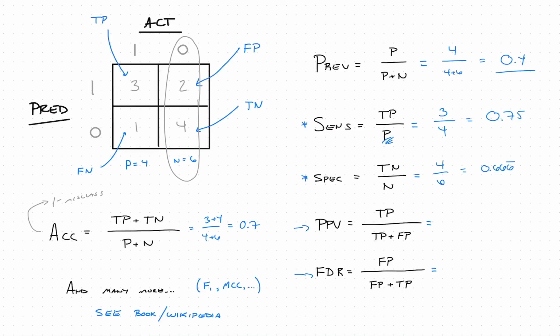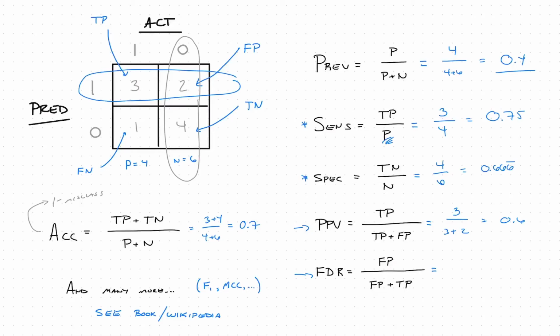So I think there's 3 true positives divided by 3 true positives plus 2 false positives, right? That gives us 0.6. So here we're conditioning on this row. It's of the things that we predicted to be positive, how many of them were truly positive?